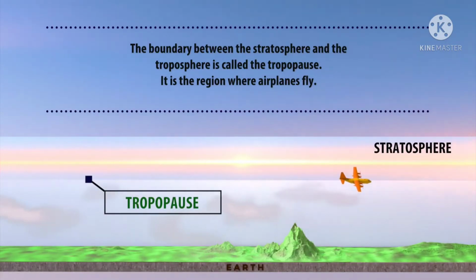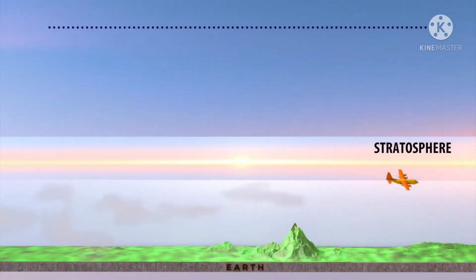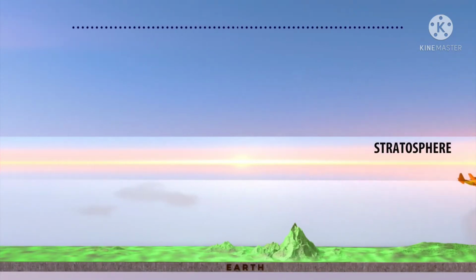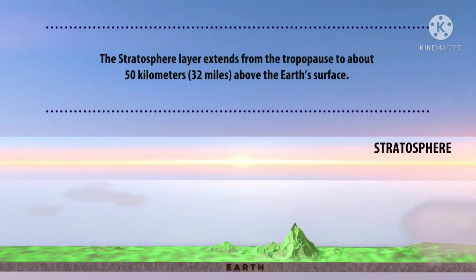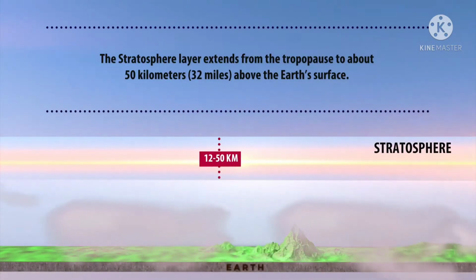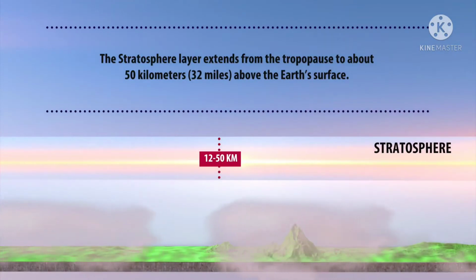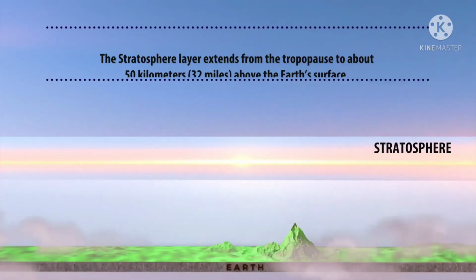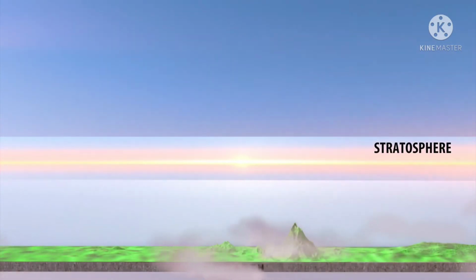It is the region where aeroplanes fly. The stratosphere layer extends from the tropopause to about 50 kilometers, that is 32 miles above the Earth's surface.